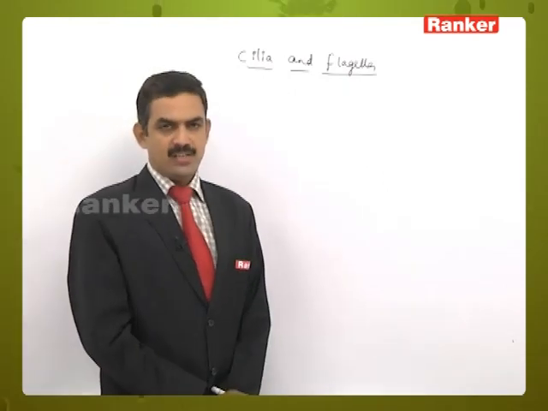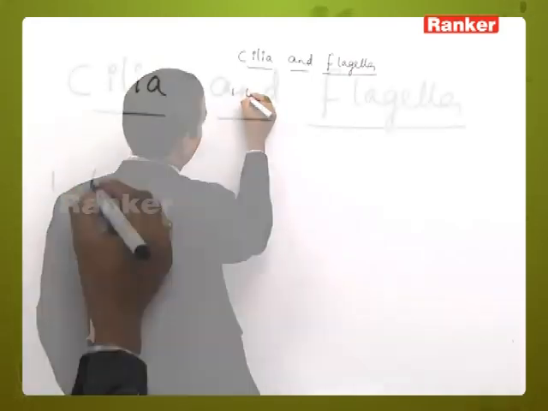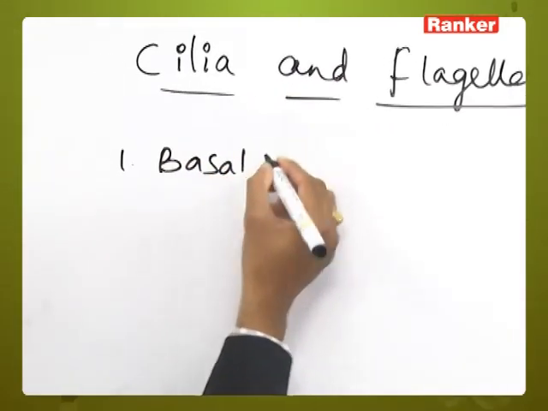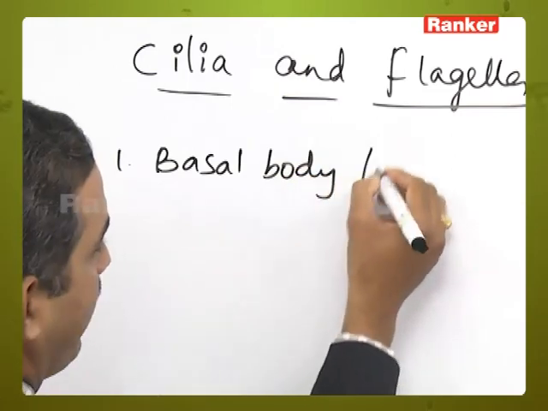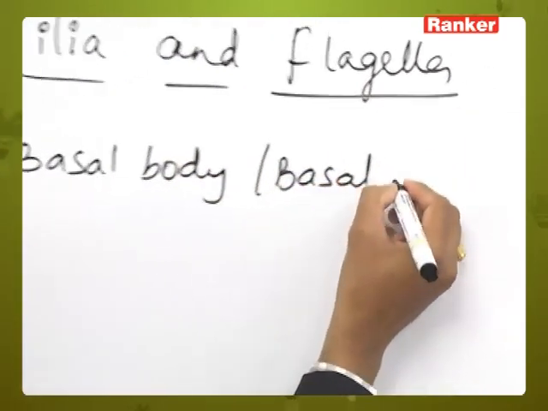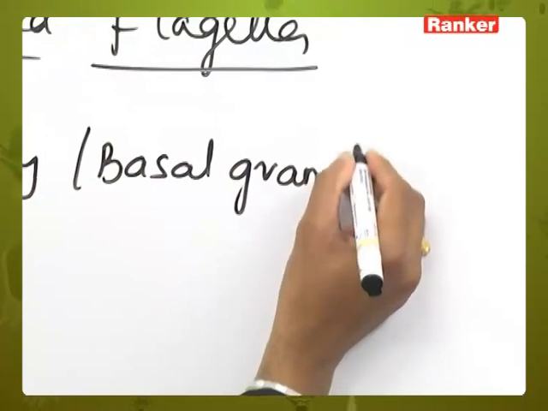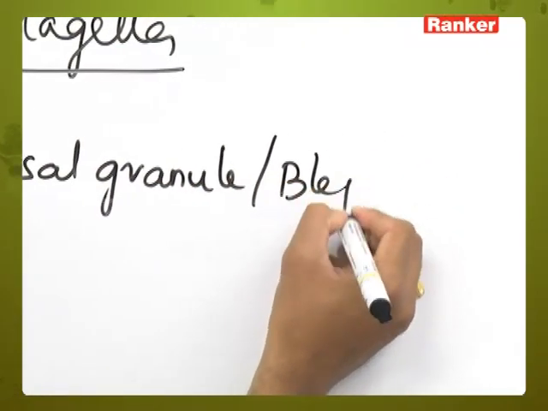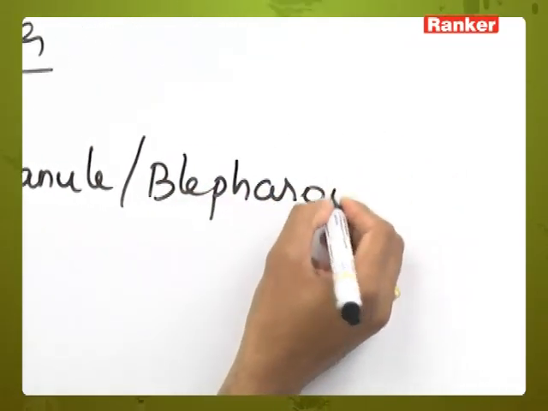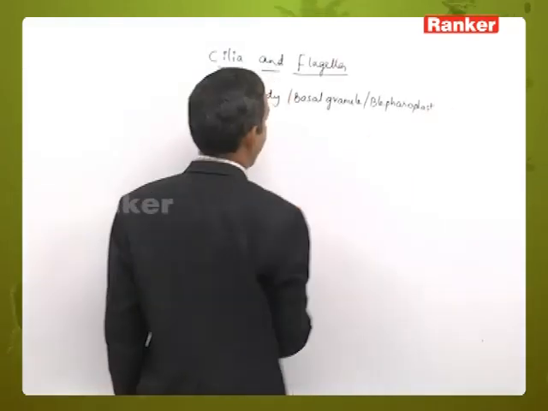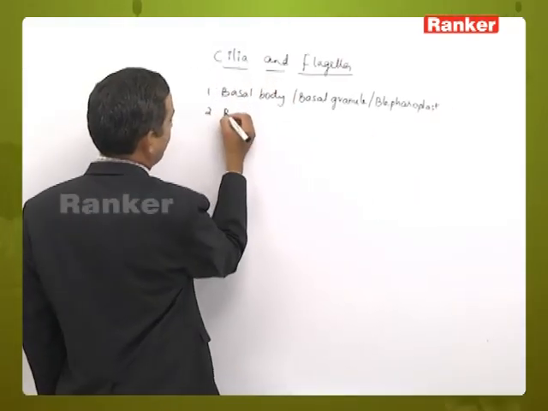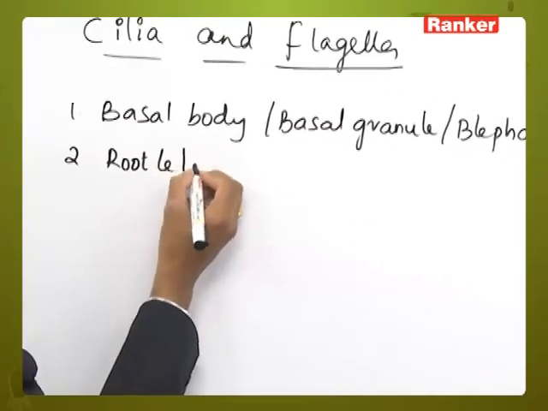Okay, in the structure of flagella, basically the basal body is present, or we can call it the basal granule or blepharoplast. Second one, rootlets.